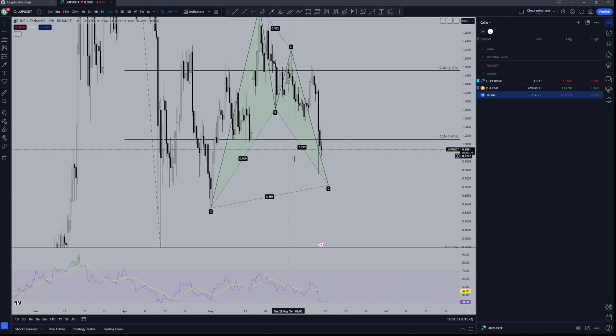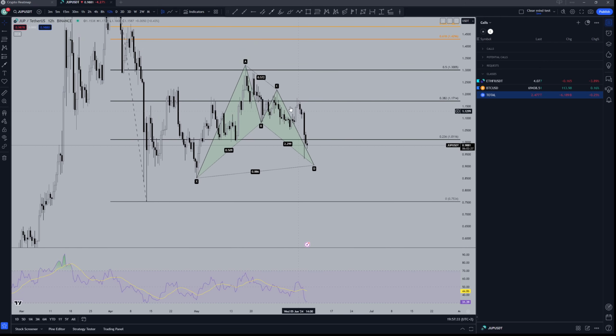And something that you've probably noticed by now is that there's going to be periods where you keep finding Bats, periods where you keep finding Sharks, periods where you keep finding Gartleys. Because the market, especially alts, kind of move in the same way, you will see a lot of the same harmonics at the same time.